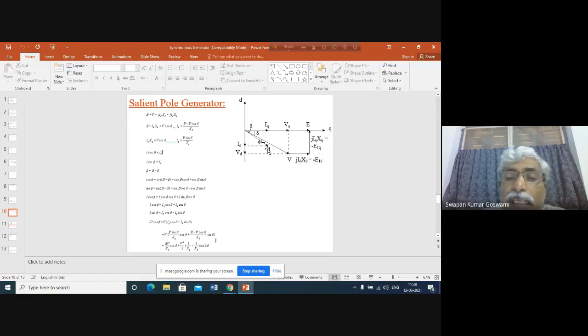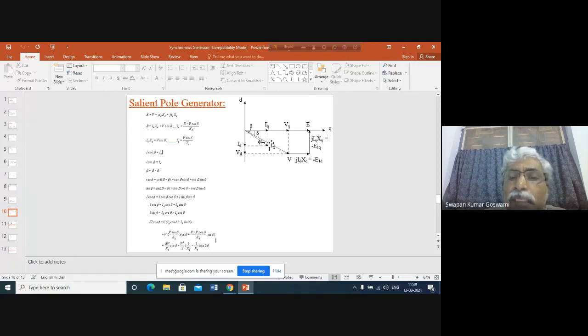So this is current I. Its quadrature axis component is I cosine beta, equal to IQ, the quadrature axis component of armature current, and this is I sine beta, the direct axis component, shown here. So ID is I sine beta, and IQ is I cosine beta.